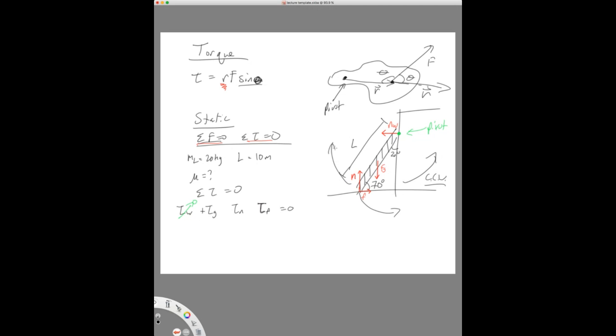It's trying to bring it around the other way, which ultimately is clockwise. So that's going to get a minus sign. And how about friction? Friction also tries to make this ladder more vertical, which would be rotating in the counterclockwise direction. So we get a plus sign. Raise your hand if you got the same signs that I got.